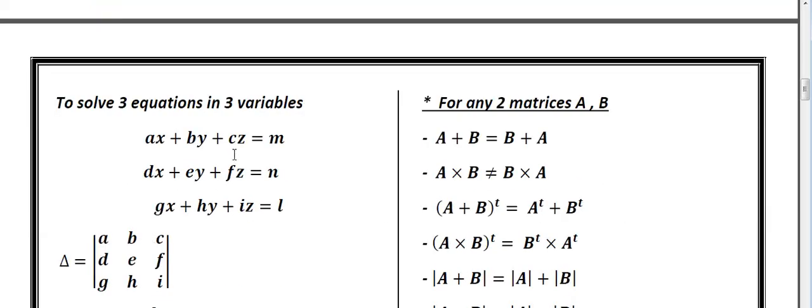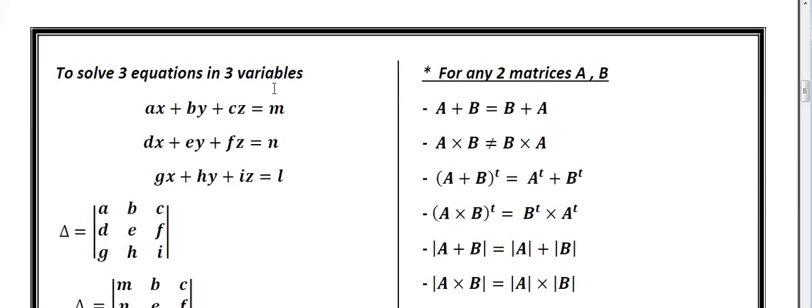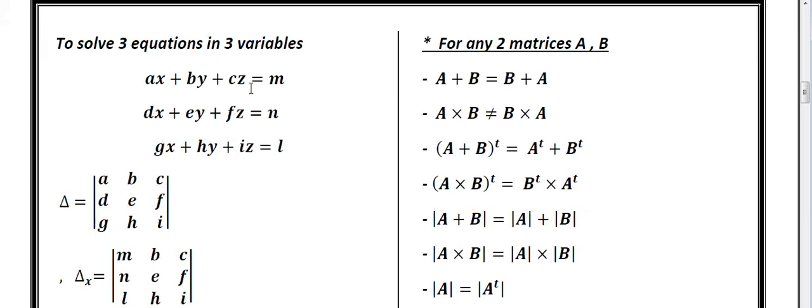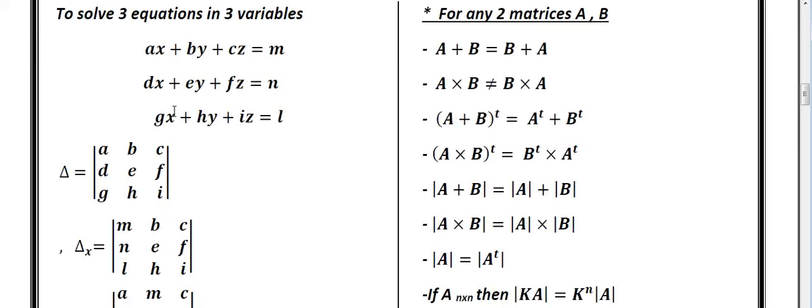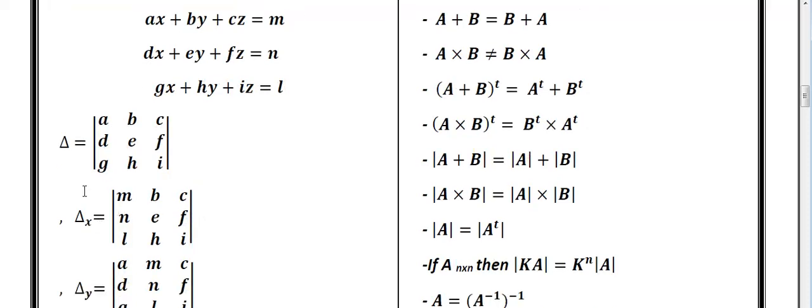To solve three equations in three variables, ax plus by plus cz equal m, dx plus ey plus fz equal n, gx plus hy plus iz equal l, you first find delta by writing all the coefficients of x, y, and z in columns. To find delta x, cancel the first column, a, d, and g, and write the constants m, n, l.